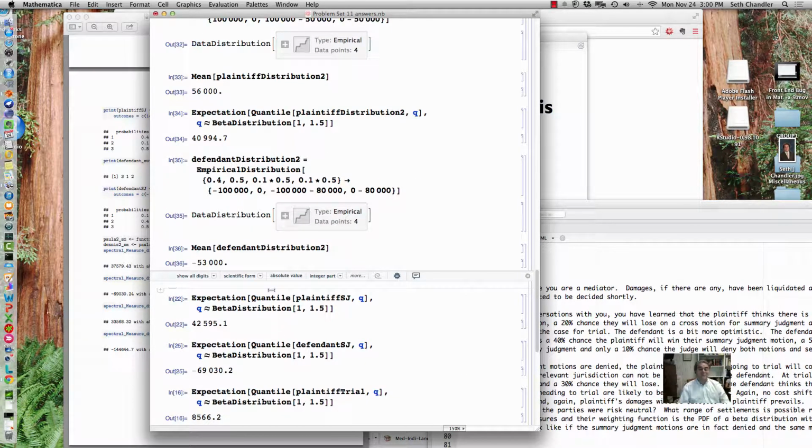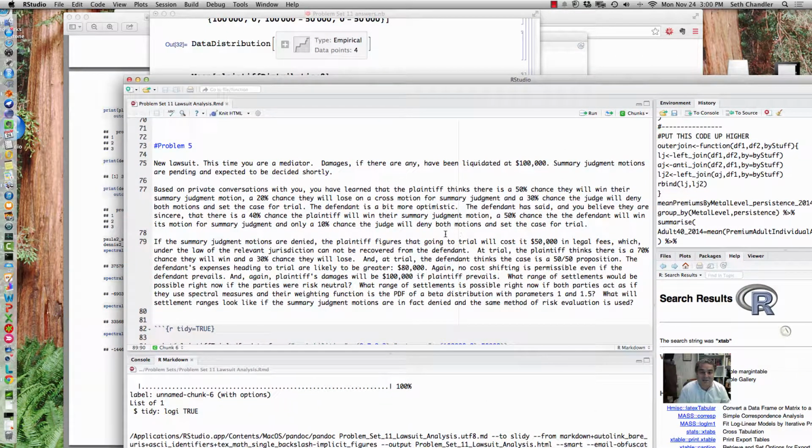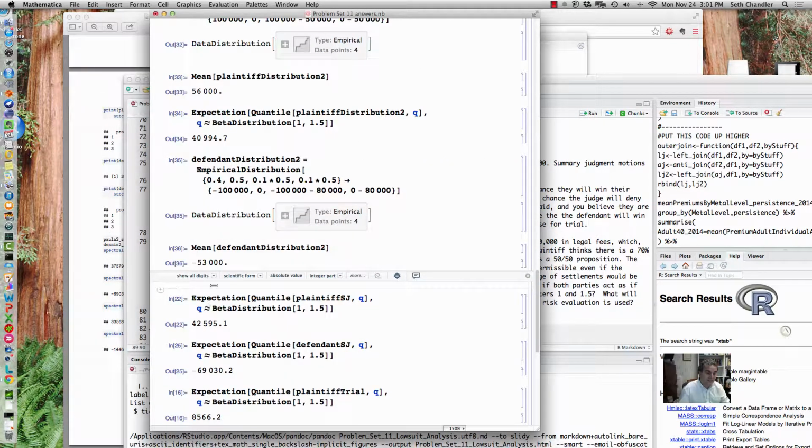And someone tell me what to type now to calculate what our defendant's view of it is if they are risk averse, recalling that it just so happens that both parties act as if they use spectral measures and their weighting function is a PDF of a beta distribution parameters 1, 1.5. So, what should I type?